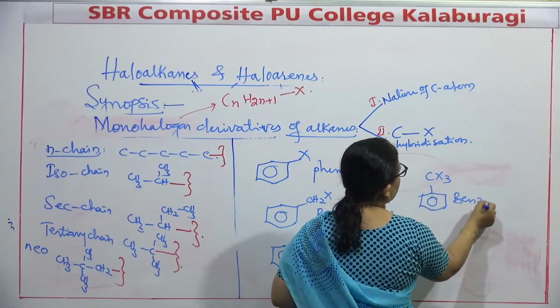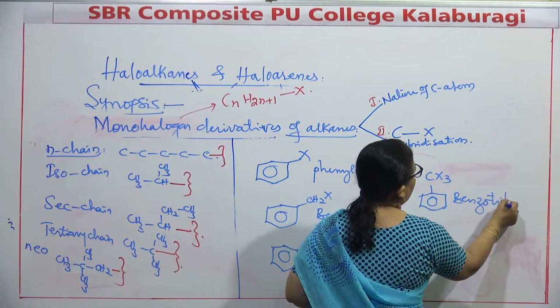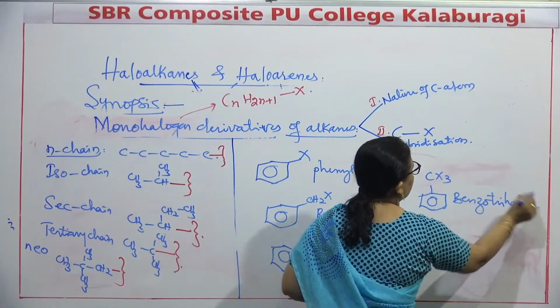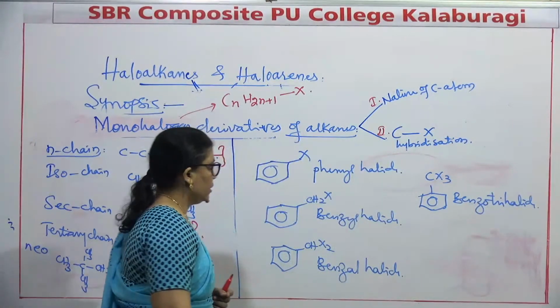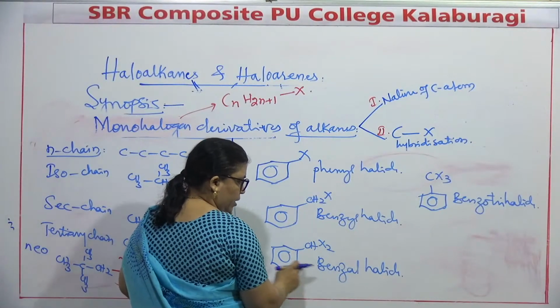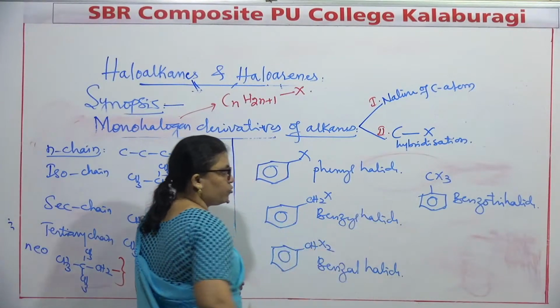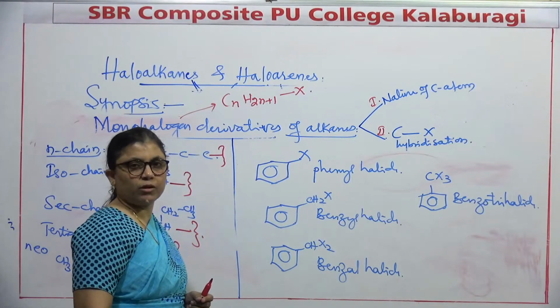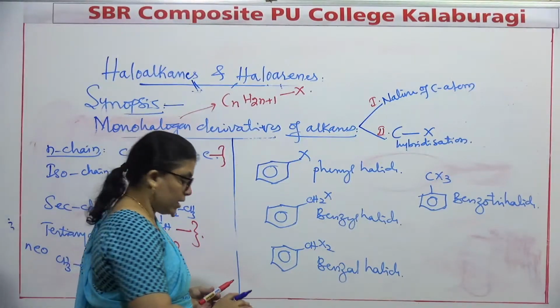Benzo trihalide. This should be clear to you, children. This is called as phenyl halide, benzyl halide, benzal halide, and benzo trihalide. Have you observed that?